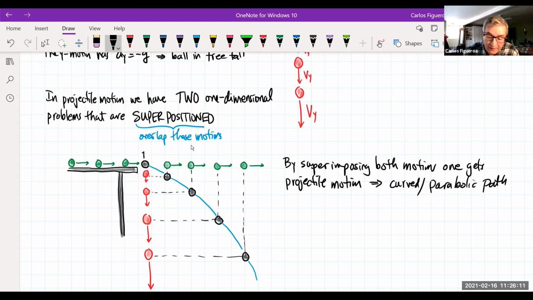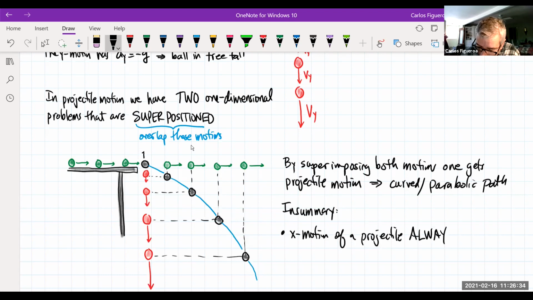So just by looking at this picture, in summary, we could say that the x motion of a projectile always moves with constant x velocity.